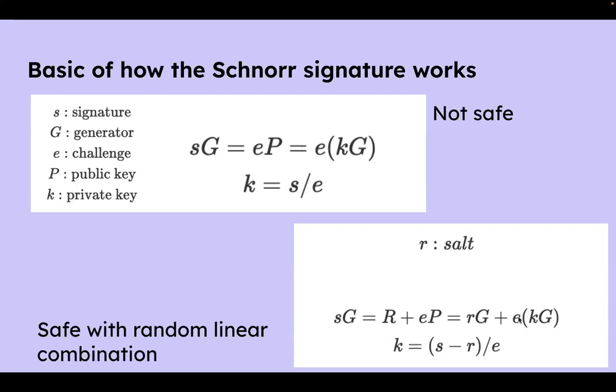Then to compute your private key using the signature and the challenge value, you also need to know the random nonce value itself. So it is pretty important to keep the private random nonce value secret. And we are just providing its public random nonce, large R, to the signature verifier. This is what the Schnorr signature is.